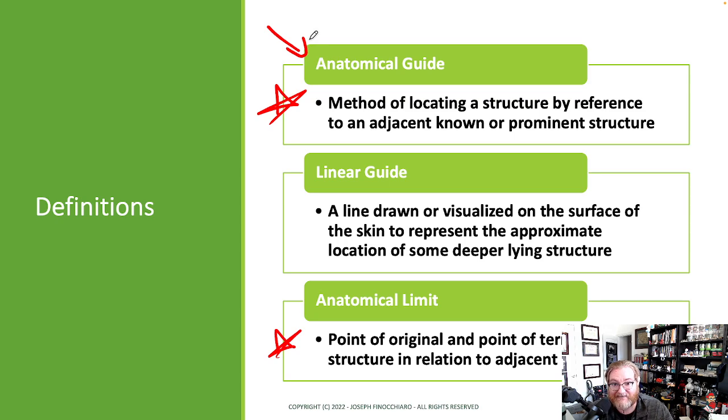An anatomical limit is the exact point of start and end of what you are looking for, precisely. So for instance, instead of saying it's between the Walmart and the Kroger, what I could say is it extends between Unit 2022 and Unit 2019 on the same side of the road west of North Avenue.